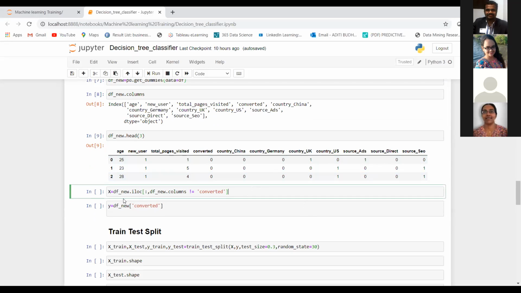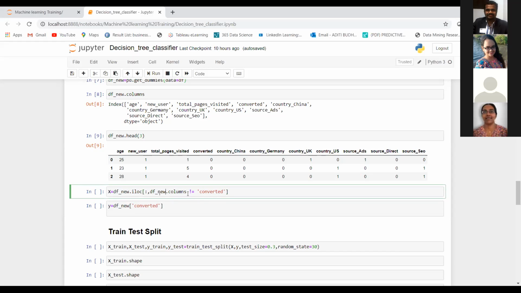And then the next step is to divide our data. We want to take all the features together as the input data and our output variable as y. We had seen this also for the last two models. So we want to take together all the features and separate out the output variable.